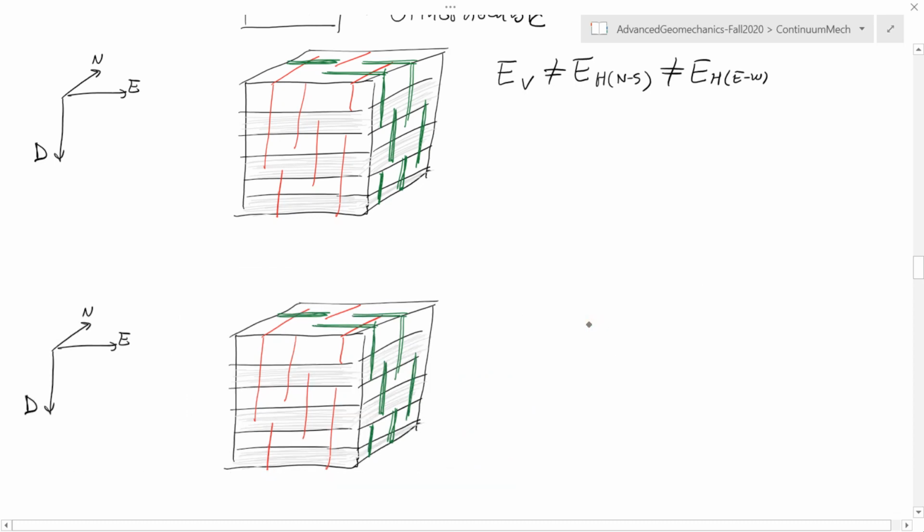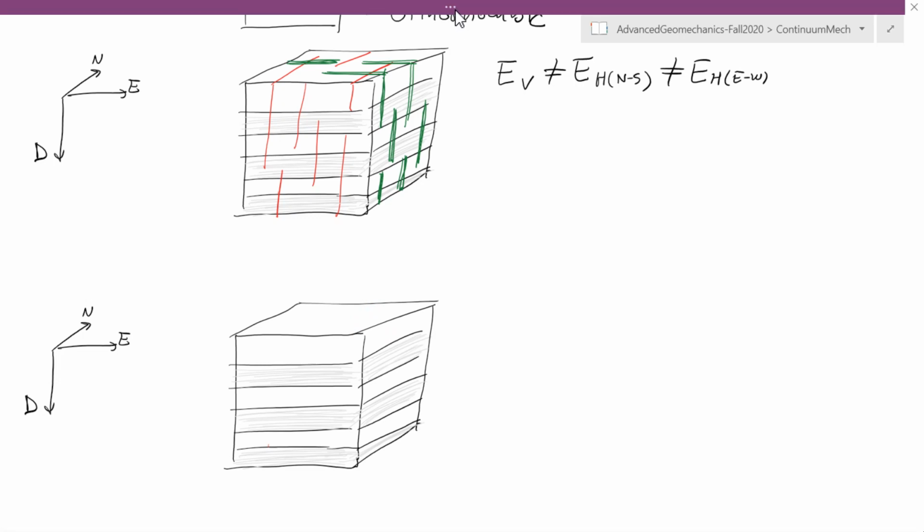Let me try that. Okay, so I'm getting rid of the compliance of the fractures, and now the stiffness is going to be the same in the two horizontal directions, but it's going to be different than in the vertical direction.